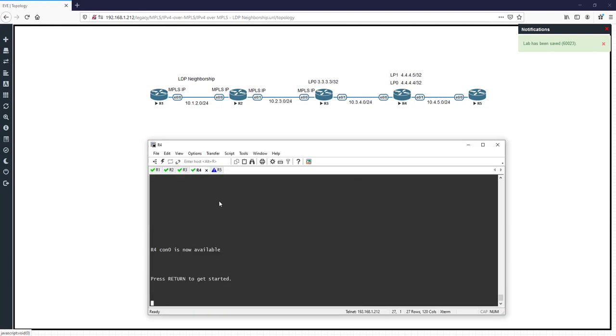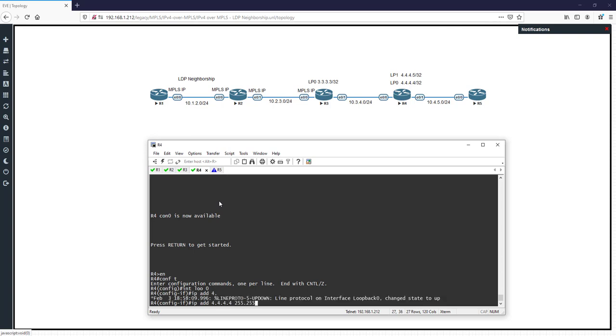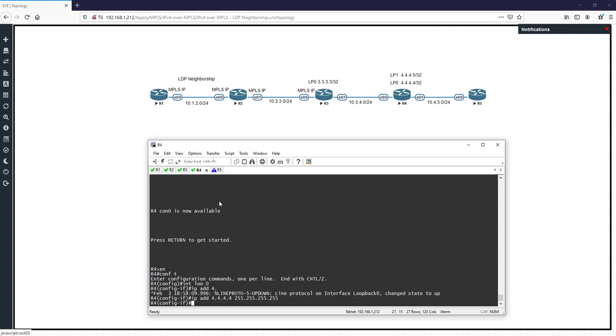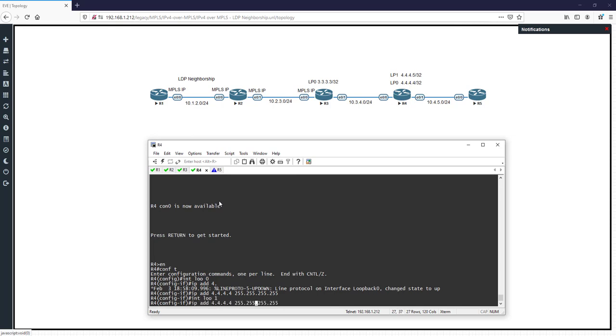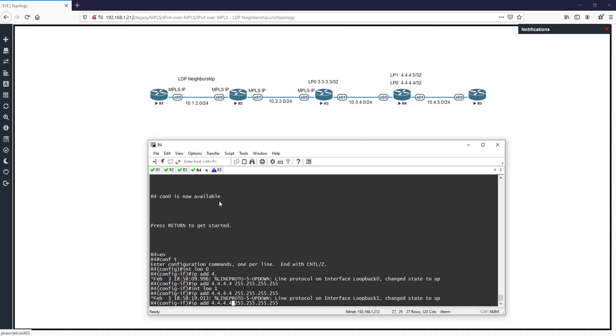First, in R4, I want to configure two loopbacks: configure terminal, then interface loopback 0 with IP address 4.4.4.4 255.255.255.255, and then interface loopback 1 IP address 4.4.4.5.